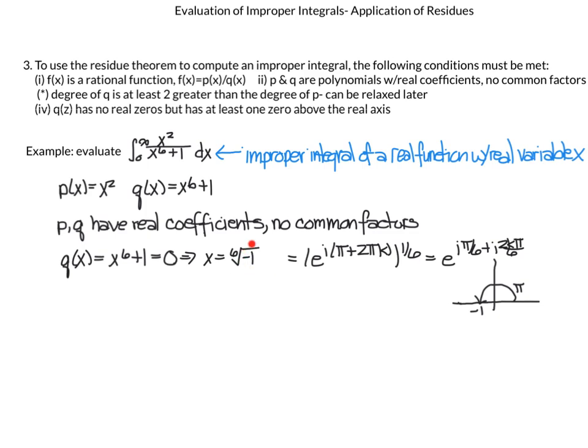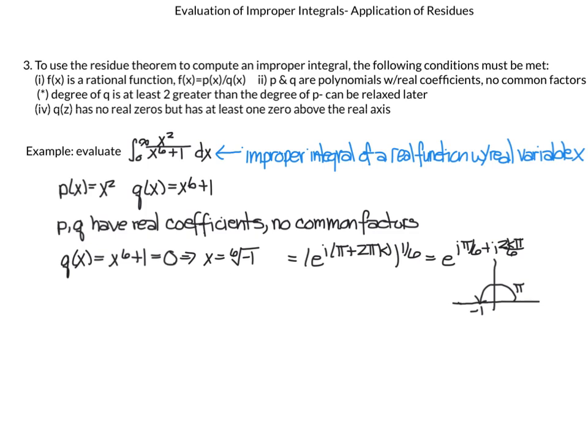Remember, to find the roots of complex numbers, generally what we do is we're going to take this number negative 1, convert it into our exponential form, and then we'll take, in this case, 1/6 of that number. So negative 1 is radius of 1, and then the phase, or the angle, is equal to pi, right? So we go over pi radians to get to negative 1.